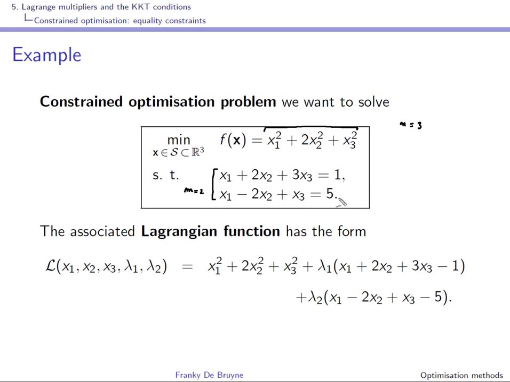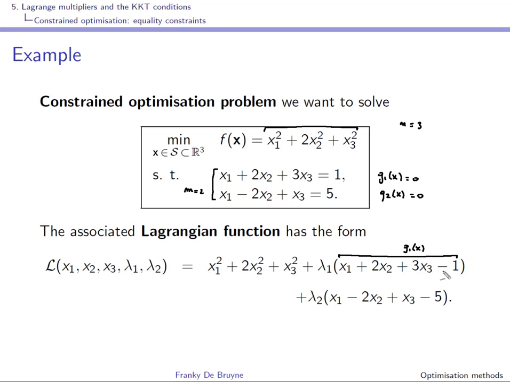The equality constraints we have to write as g1 of x equal to 0 and g2 of x equal to 0, so that we have the same formulation as in the slides. So we have to take the one to the other side, and indeed, g1 of x is this one here, minus 1. Do not forget to do this at the time of the exam, because this is a mistake that I often see.